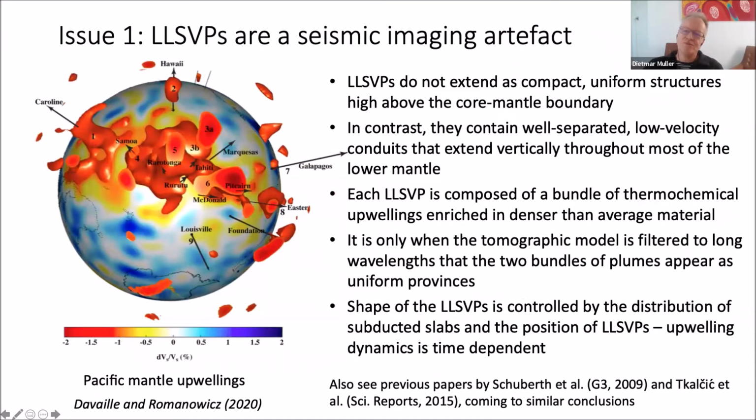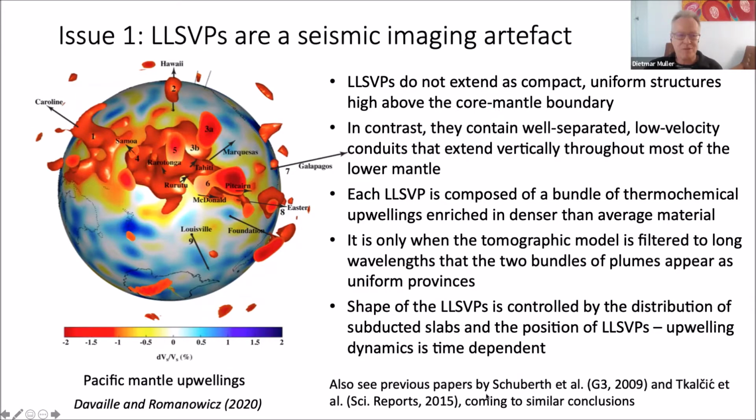So the first issue with this approach is that it has become quite obvious recently that LLSVPs are a seismic imaging artifact. So there was a nice paper by Davaille and Romanowicz in 2020 in Tectonics, and there were other papers before this one, for example, by Schuberth et al. and Tkalčić et al. in 2015.